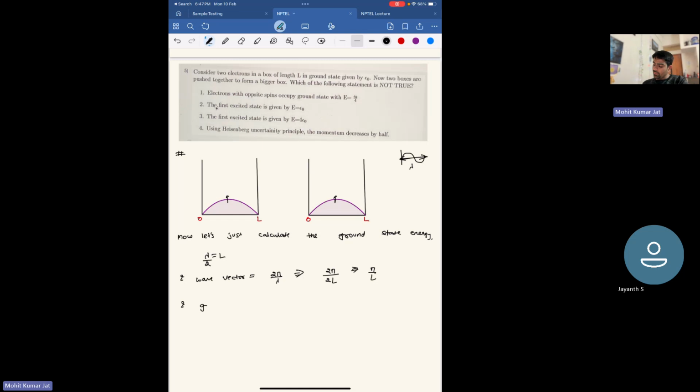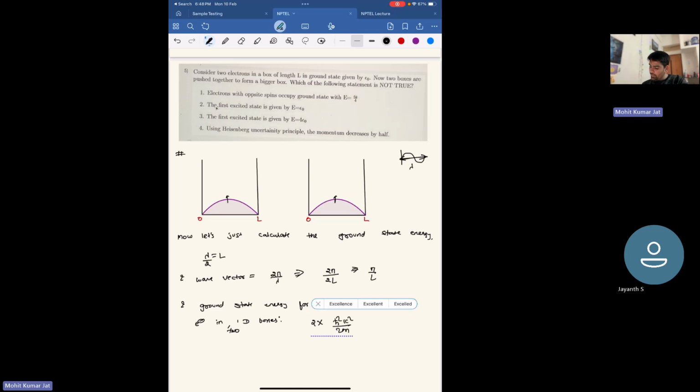And the ground state energy for two non-interacting electrons in two 1D boxes, because they are non-interacting and far away, will be 2 times h bar square k square by 2m.